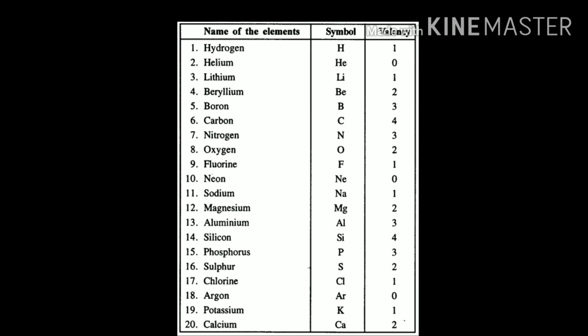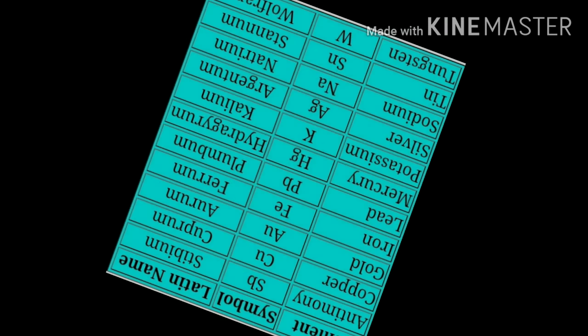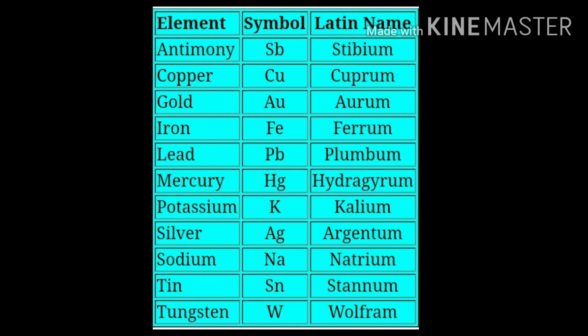Then the third point is, some of the elements are written by their Latin names. For example, copper is written Cu, from the Latin name cuprum. And like this, sodium, that is natrium, the formula is Na.